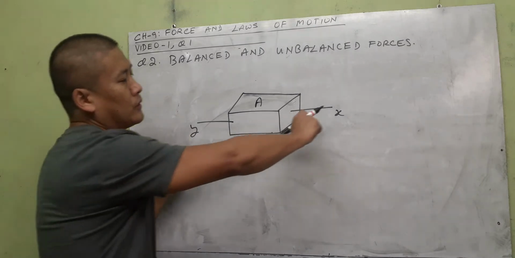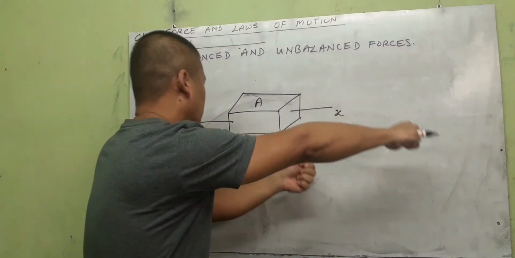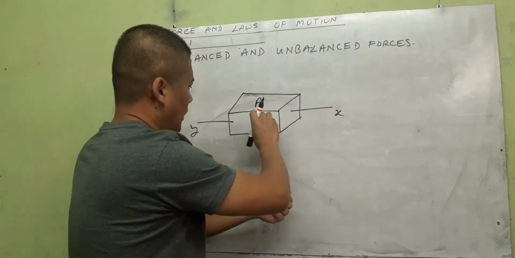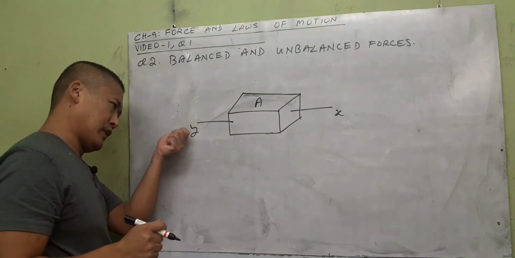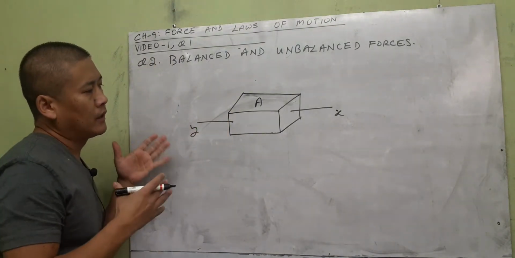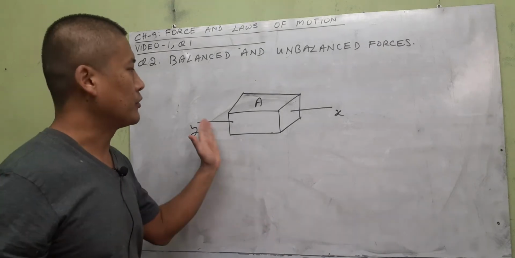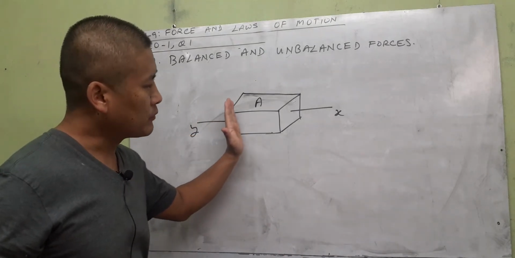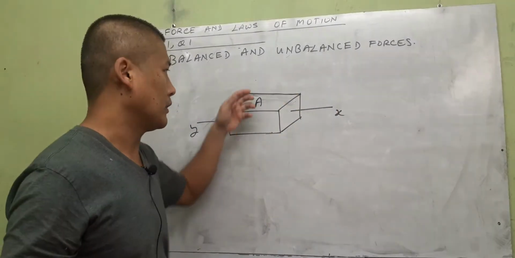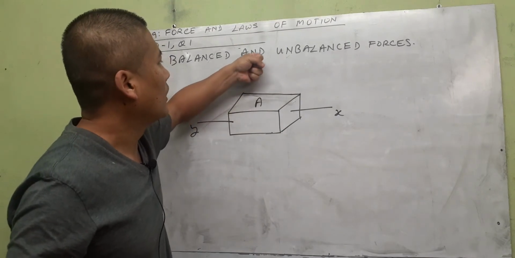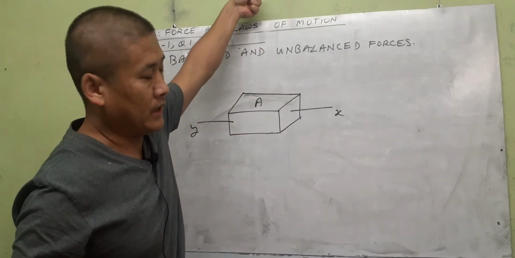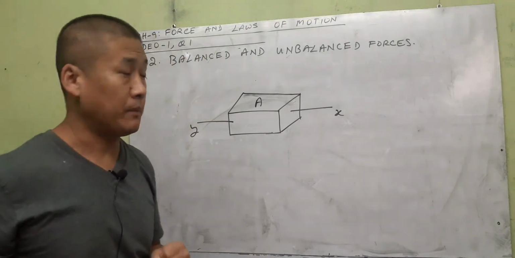So the pull on the right that has caused the wooden block to move to the right, or the pull on the left that has caused it to move to the left, is called unbalanced force, because it is moving either to the right or to the left. Or even if you put a rope at the top and pull it up, it moves up, that is also unbalanced force. If it is moving down, that is also unbalanced force.